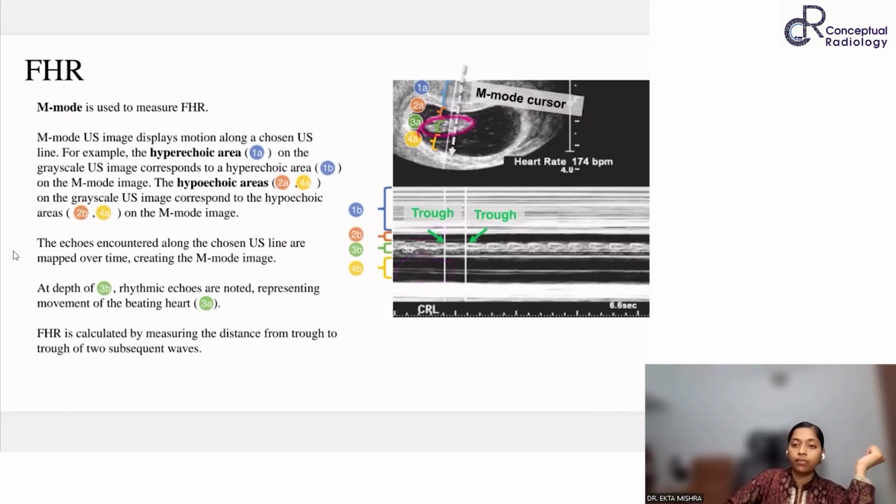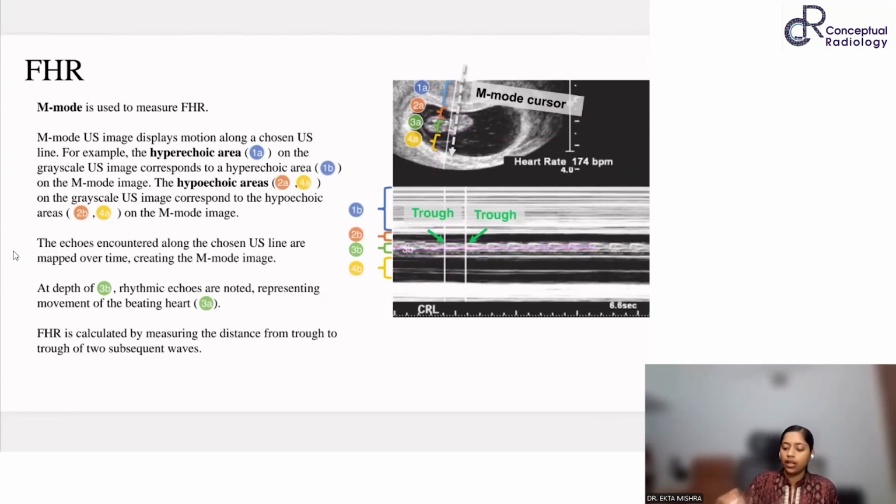This is the fetal pole, hyperechoic on grayscale, so it will appear hyperechoic on M mode also. So when you are scanning, you know that the area of interest lies between two anechoic or hypoechoic areas, and you focus on this.